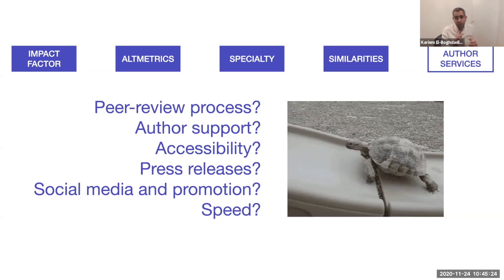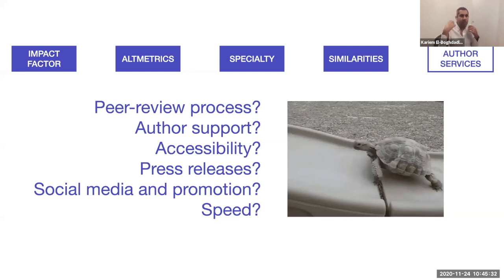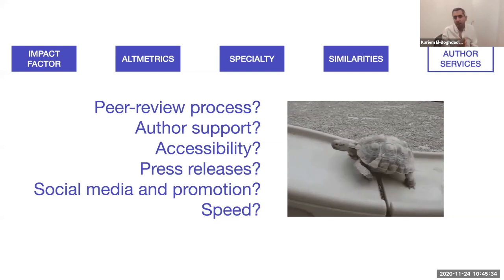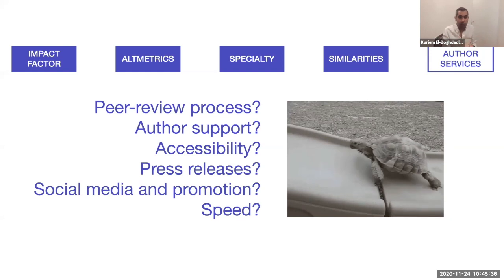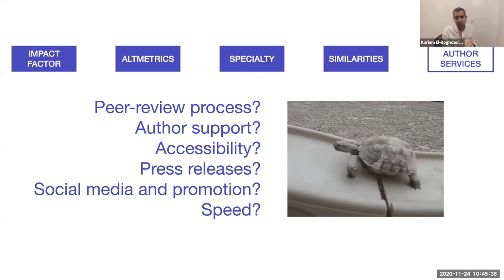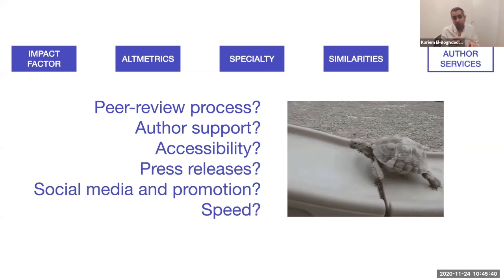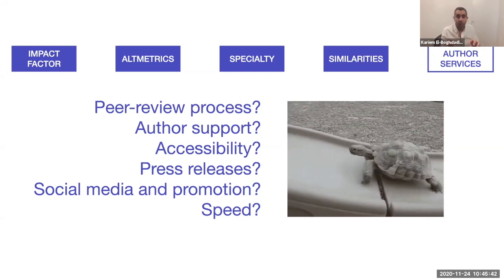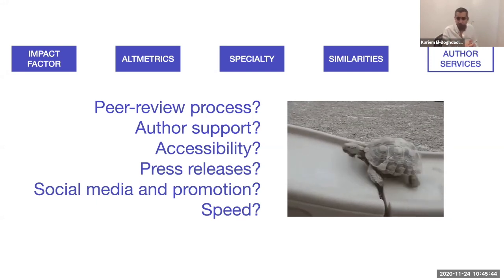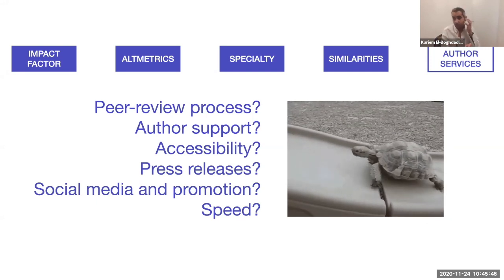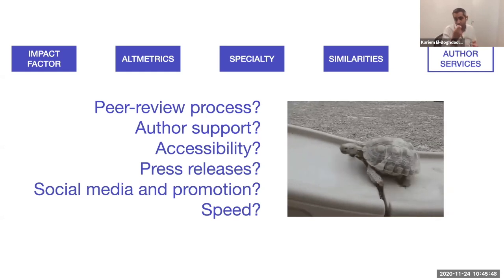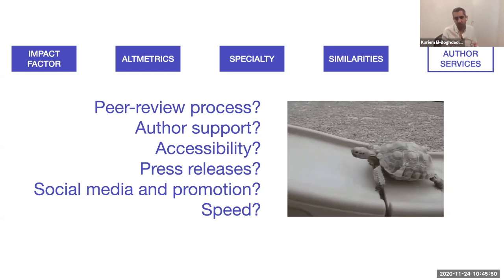So the peer review process matters. Author support and accessibility also matter. Being able to just email your editor, to speak to them, to contact them. What I do sometimes with Anaesthesia is I'll email them directly and say, hey, listen, maybe we could talk about this. And I'll pick up the phone sometimes and call the authors. I'm handling the paper, but sometimes it is just much easier to pick up the phone and speak to someone.